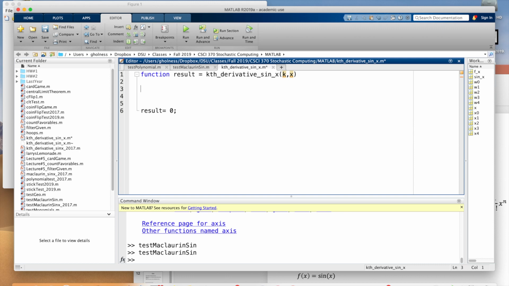Does that make sense? So we can absolutely program this. We take i, or in this case for the function k, because it's the kth derivative, and we select order equal to k modulo 4, where 4 is the number of times we apply the derivative before we cycle back.